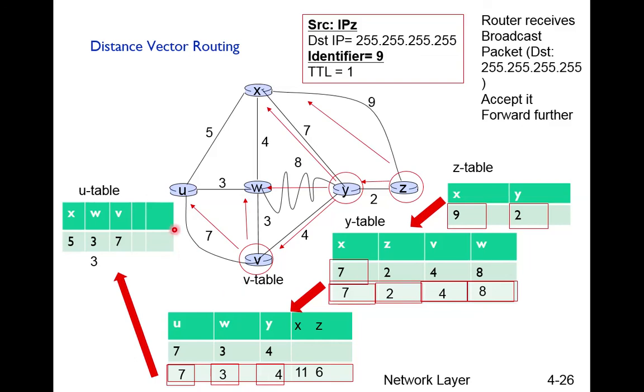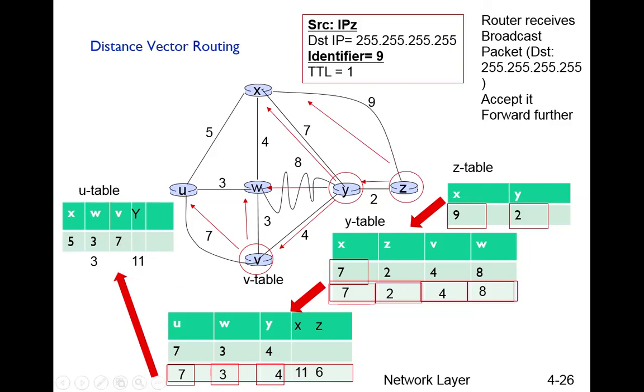It means that U can reach Y through node V. Its cost is U to V 7 and V to Y 4, 7 plus 4 is 11. So the U to Y cost becomes 11. This is new information. Before this, U didn't know about Y, but now it does.